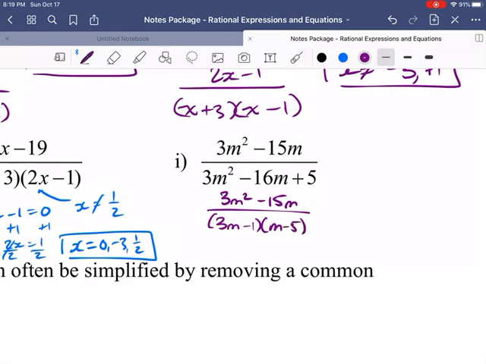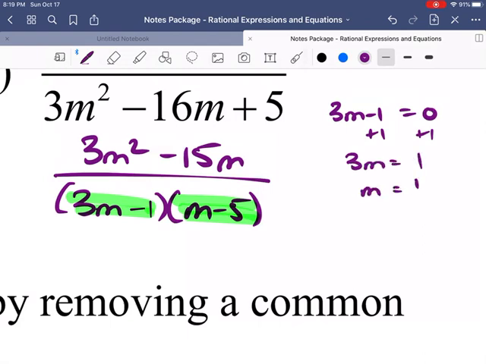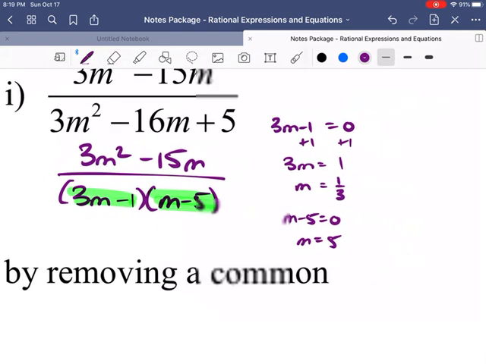So again, if you're unsure of how to get these non-permissible values, take each one of these terms and set them equal to 0 and then solve for m. Okay, so now that we've solved for m, your non-permissible values are that m cannot equal 1/3 or 5.